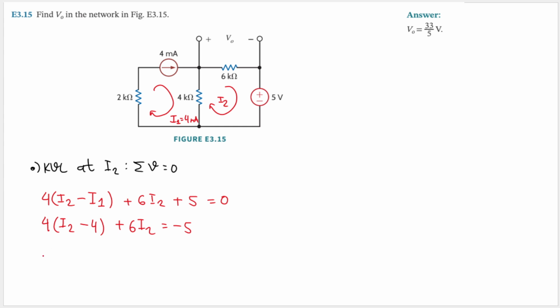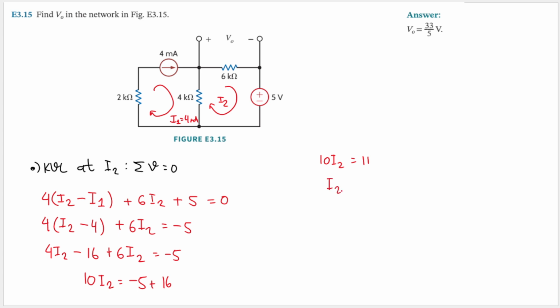Now we will have 4I2, and then 4 multiplied by 4, that will be minus 16, and then plus 6I2, and that will equal minus 5. Good. Now 4 plus 6 is 10, so we'll have 10I2, and then minus 5 plus 16. So we will have 10I2 is equal to minus 5 plus 16, which is 11.